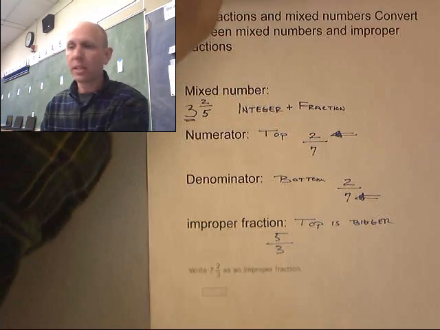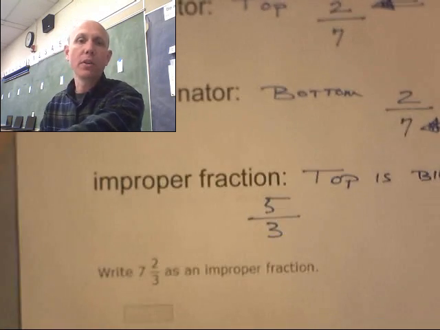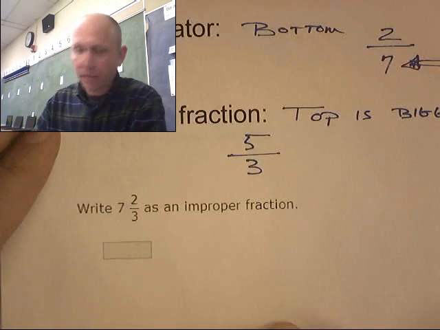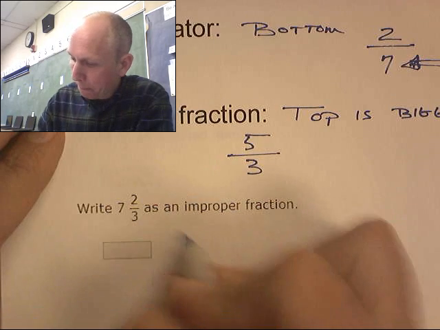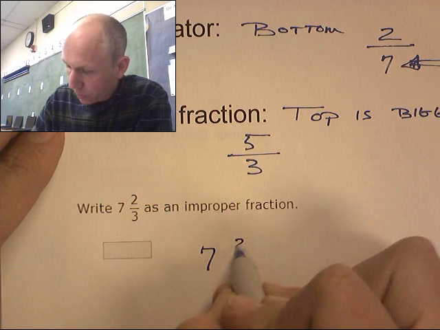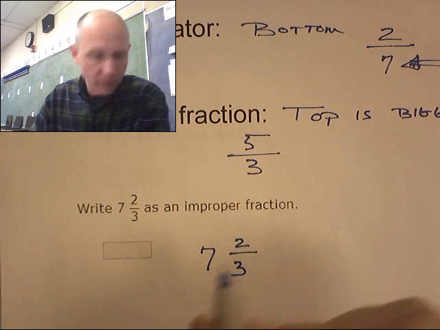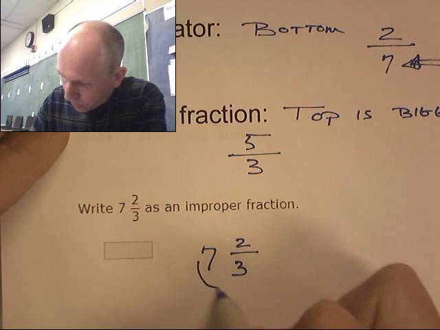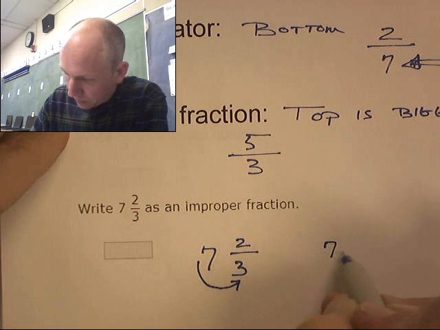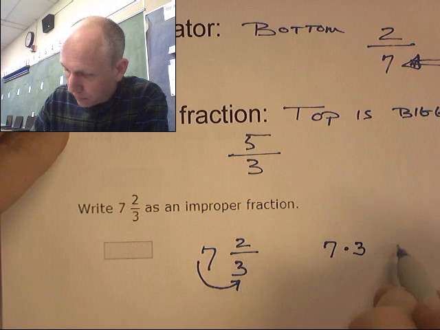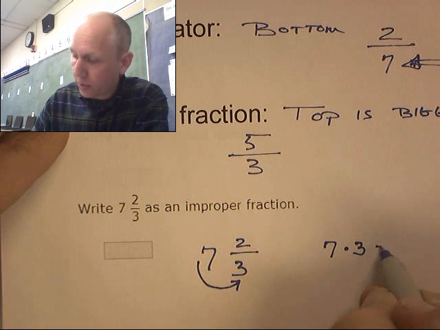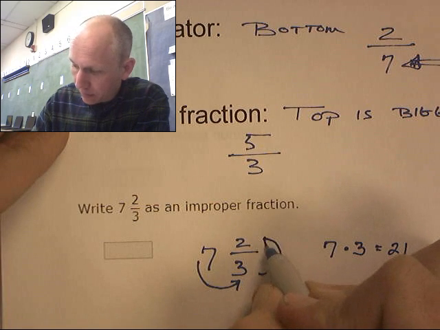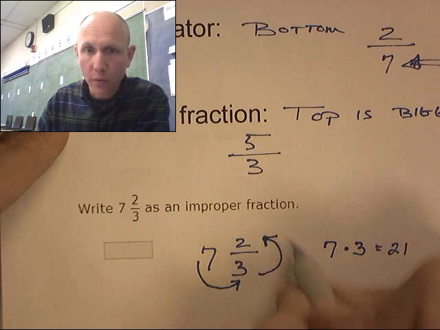Okay, so we're going to take some mixed numbers and convert those into improper fractions. So 7 2/3. What I do is I'm going to rewrite this. I'm going to multiply 7 times 3, and that gives me 21, and I'm going to add that to the 2.